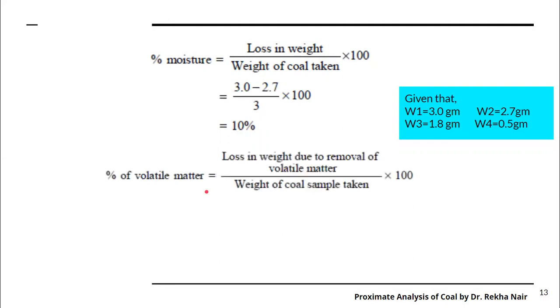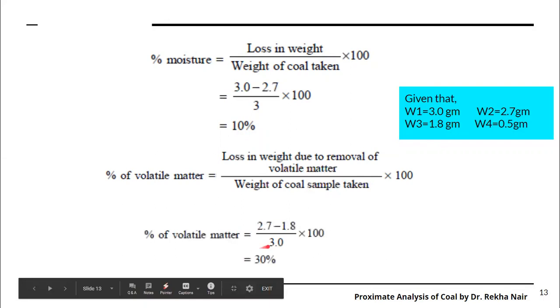Percentage volatile matter is the loss in weight due to removal of volatile matter, that is W2 minus W3, that is 2.7 minus 1.8, divided by the weight of coal sample taken, W1 gram, multiplied by 100. So percentage volatile matter is equal to 2.7 minus 1.8 divided by 3 multiplied by 100, that is 30%.